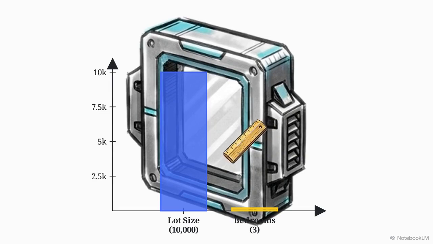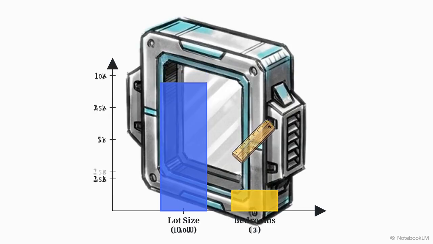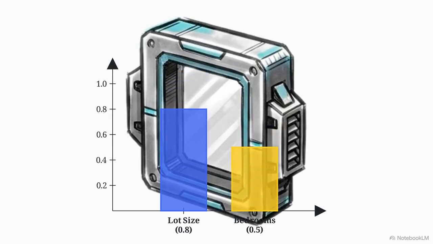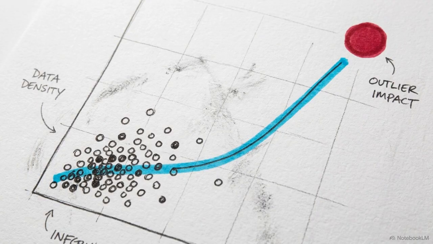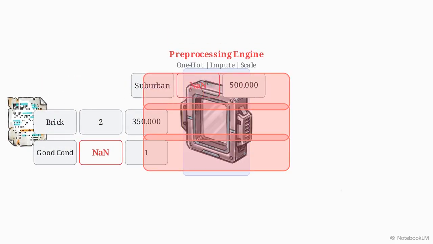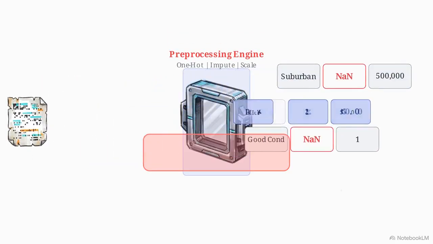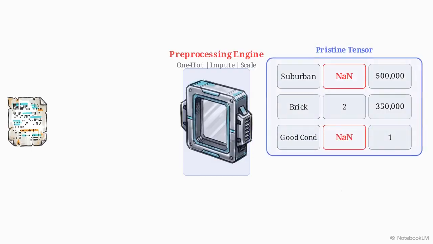Without scaling, columns with massive magnitudes, like a lot size of 10,000, will mathematically overpower features with small magnitudes, like a bedroom count of 3. This biases distance-based algorithms and ruins predictions. Ultimately, EDA and preprocessing are about translating chaotic human attributes into a pristine mathematical matrix, perfectly formatted for algorithmic ingestion.